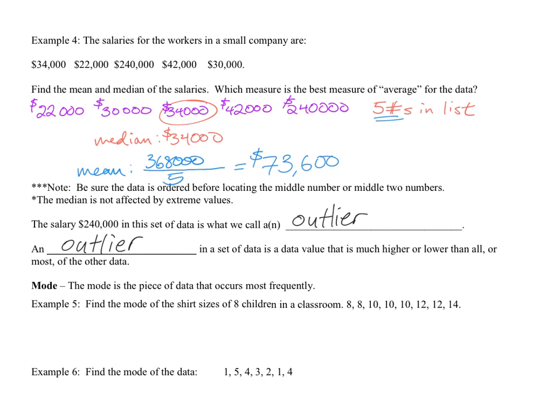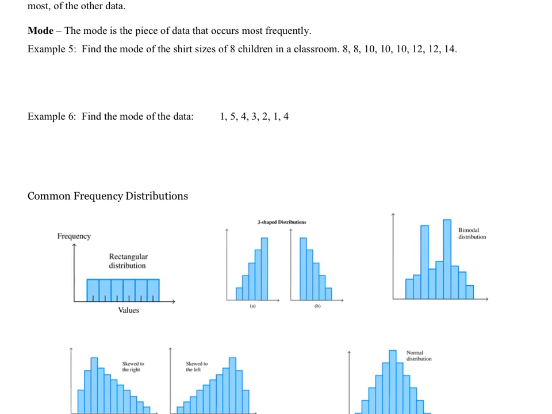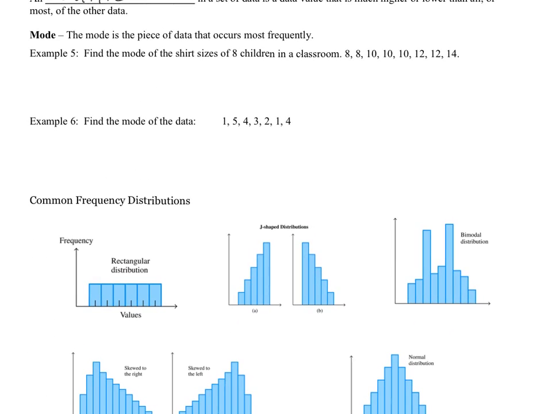So for our final examples in this video, we're going to talk about the last type of average here, and that being the mode. The mode is the piece of data that occurs the most frequently. Which number comes up most commonly?